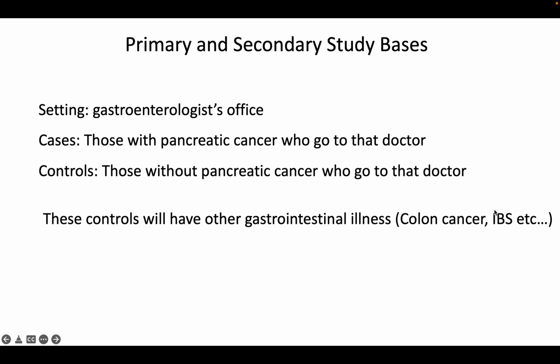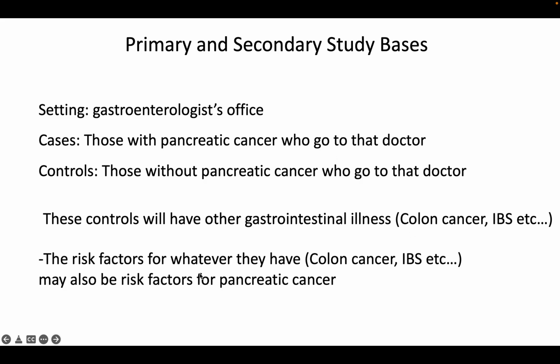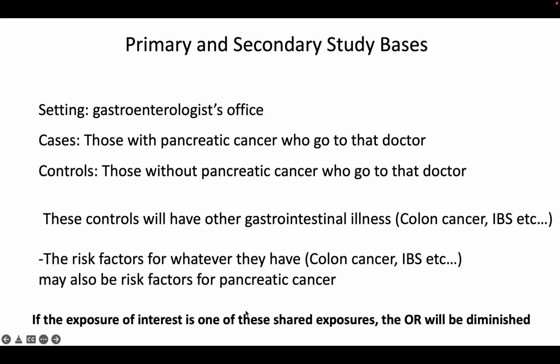It would be colon cancer, IBS, like I said. And if the risk factor that gave them colon cancer or IBS is also a risk factor for pancreatic cancer, basically it's going to make the case and control group look more similar with respect to that risk factor.